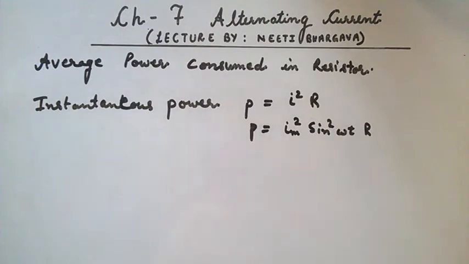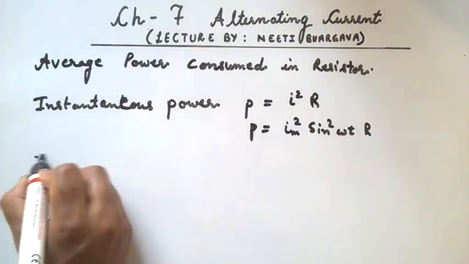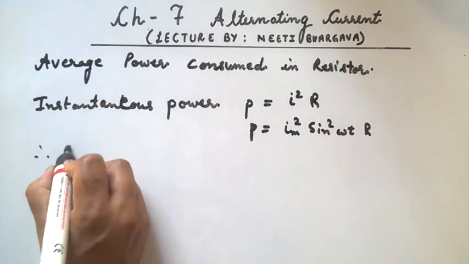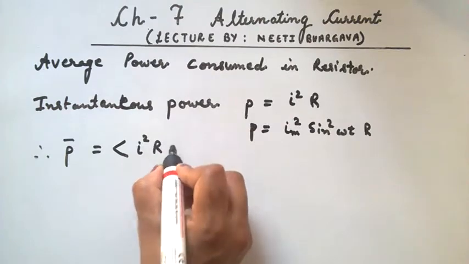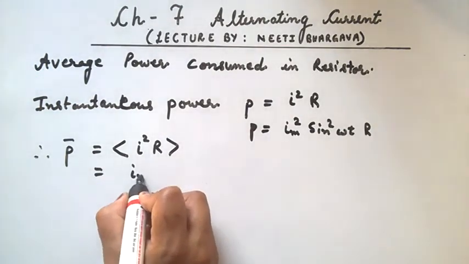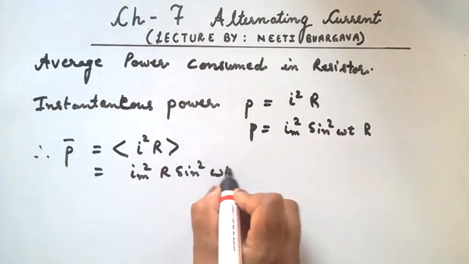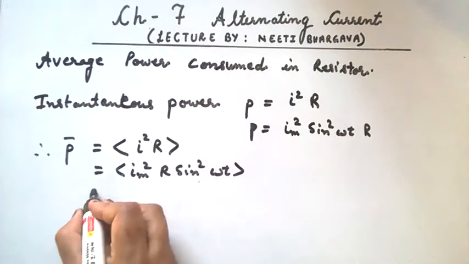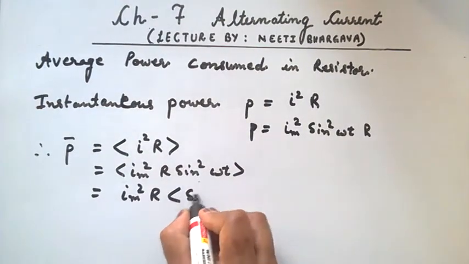Now let's calculate by this formula the average power. Therefore, average power can be written as average of I square R. Now again substitute this value, that is equal to Im square R sin square omega t average.